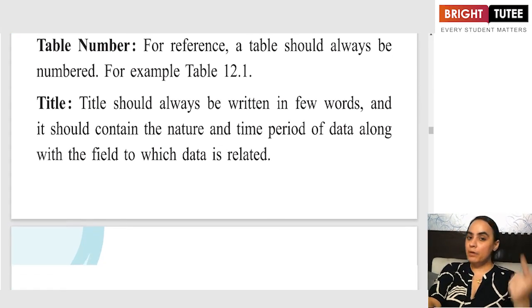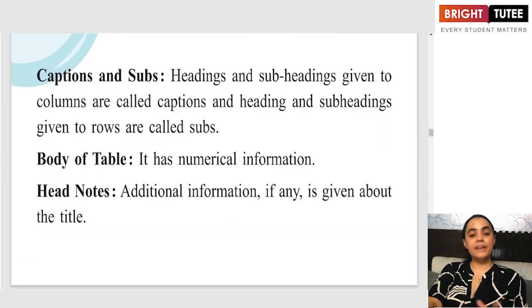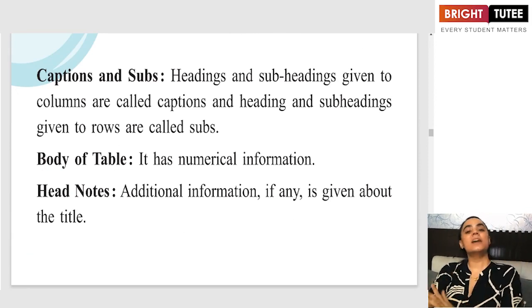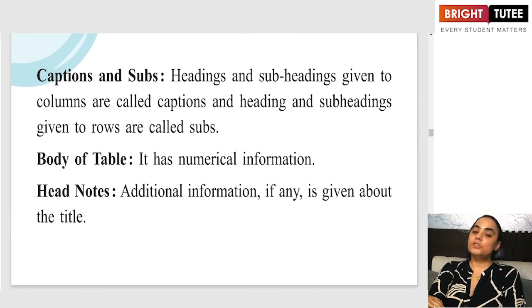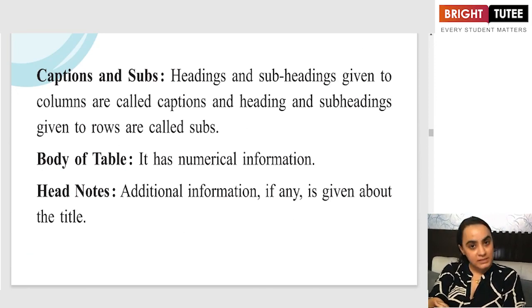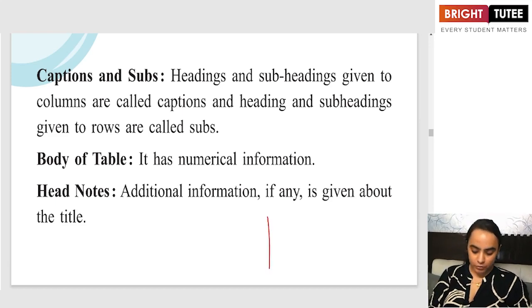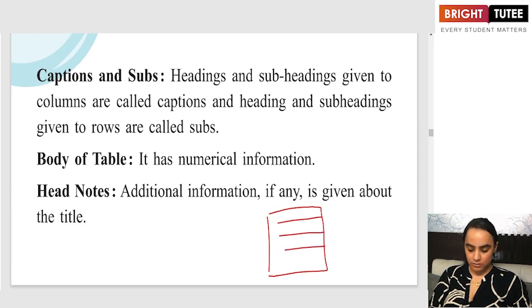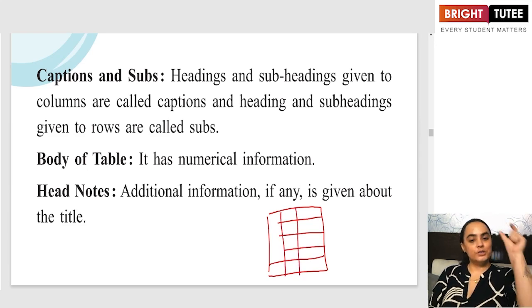So table number, title, then we have the captions and the subheadings. Headings and the subheadings are given to the columns. Now first of all, the students actually get confused in the columns and rows. This horizontal is row, and this vertical is column.